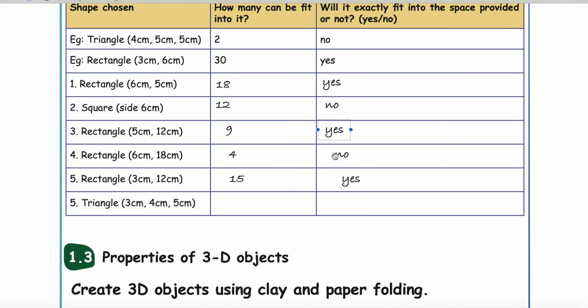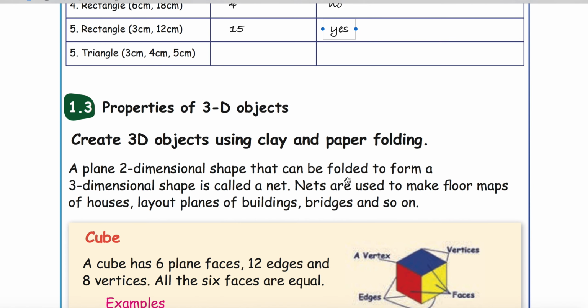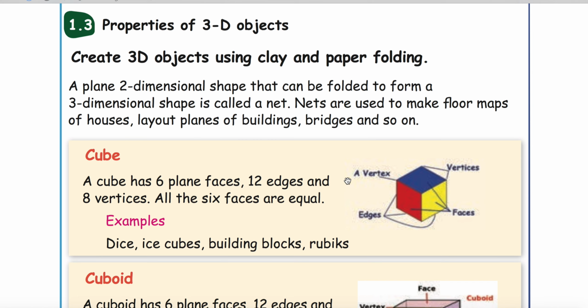Okay, let's not bother much about how many can be filled. Okay, let's go to 3D objects straight away.